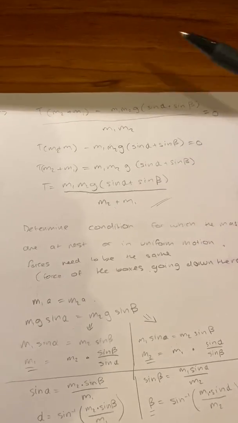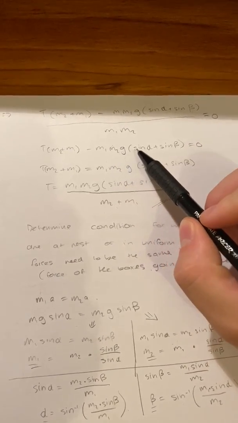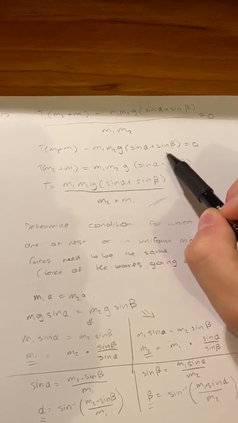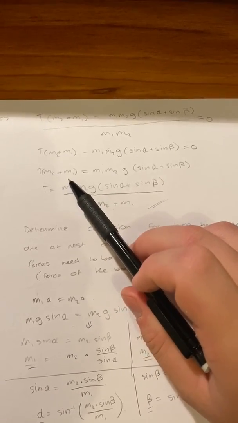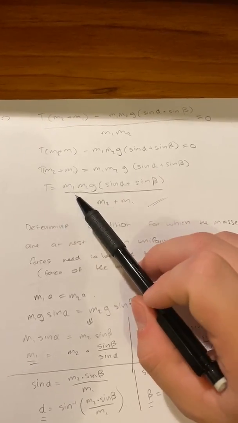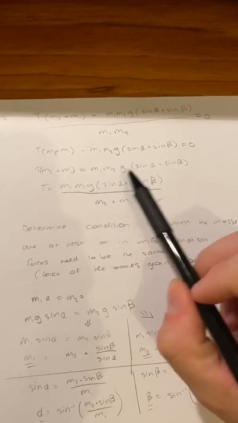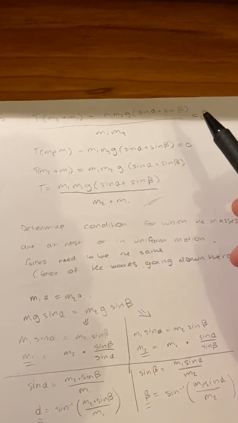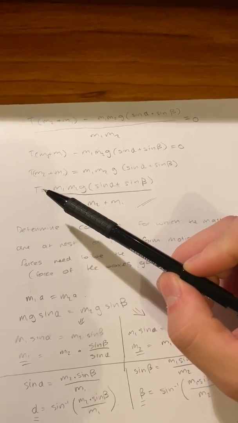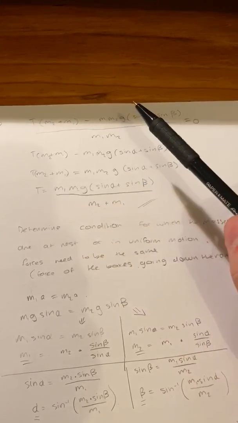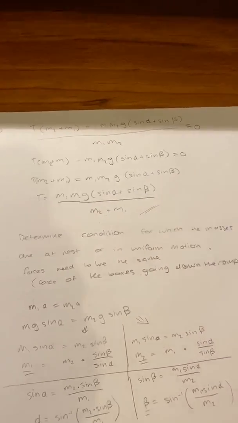If you bring this m1 m2 g (sine A plus sine B) over to the right hand side and then divide by m2 plus m1, that gives T equals m1 m2 g (sine A plus sine B) all over (m2 plus m1). This is done because, as the question states, we want T as a function of the masses and the angles, as you can see there.